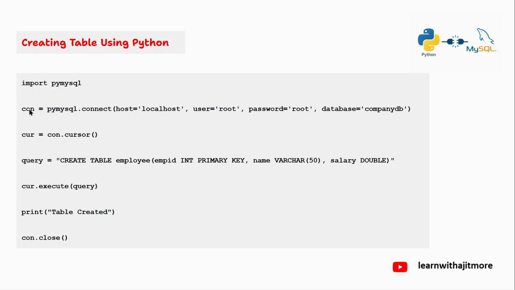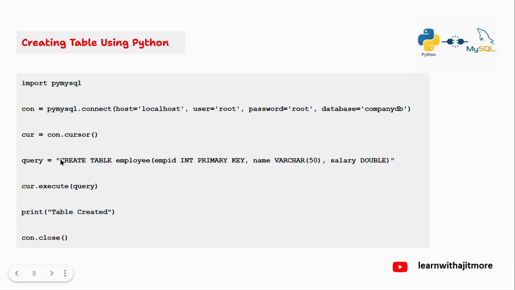Connection is successful. Then using the connection object's cursor method, which will give you a cursor object. Now in a string, I have typed and kept a query, the create table query. If you want to type it on multiple lines, then use three quotes.